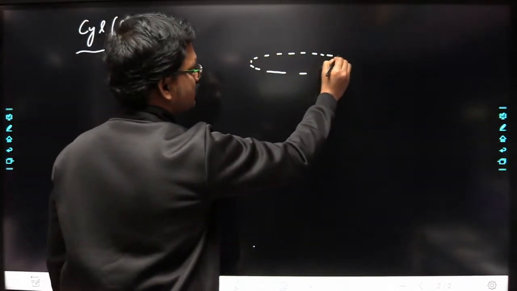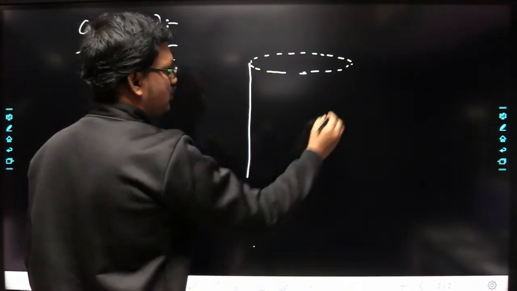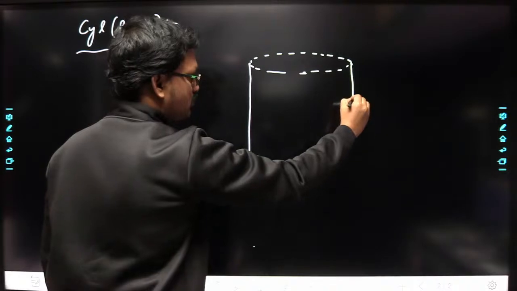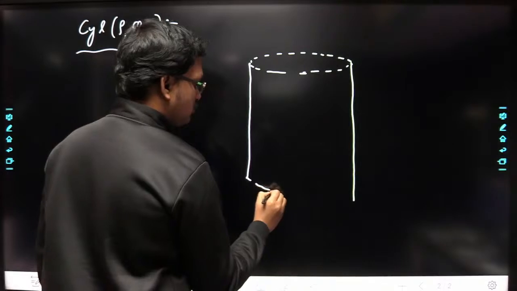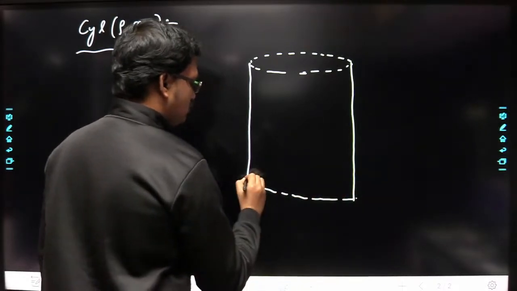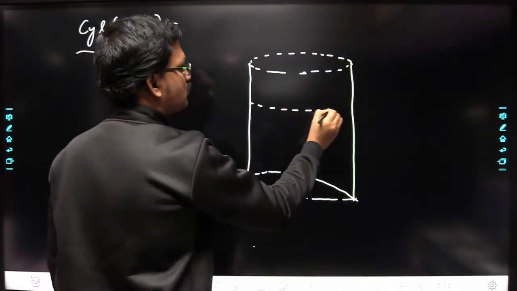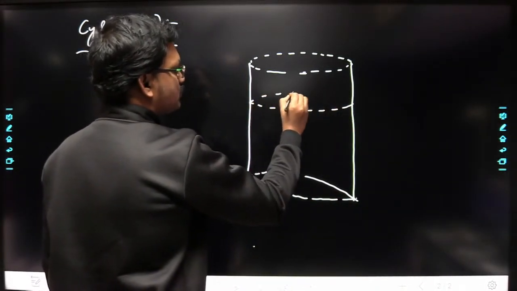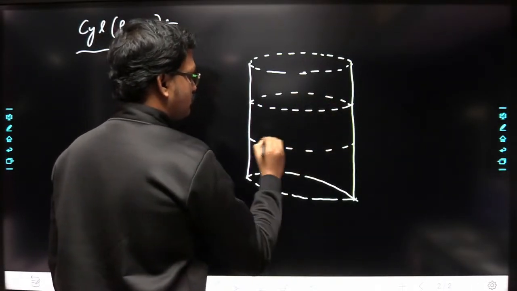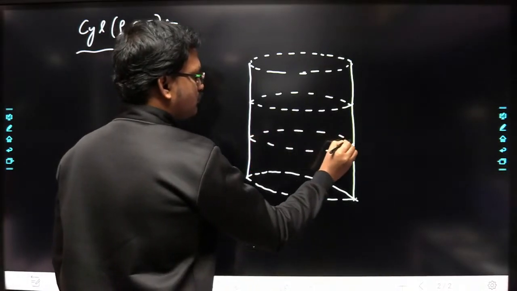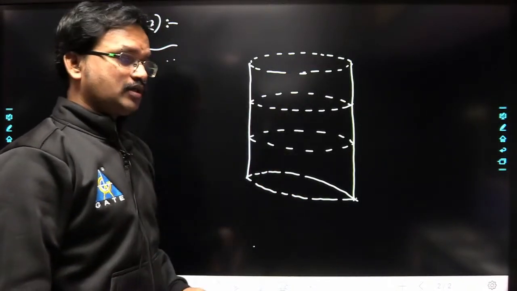How have we constructed it? We have placed the circular rings one upon the other up to some height h. This is how we have constructed the cylinder.